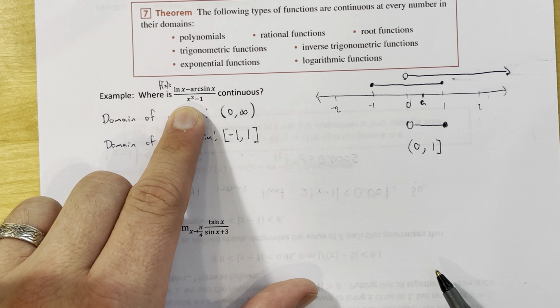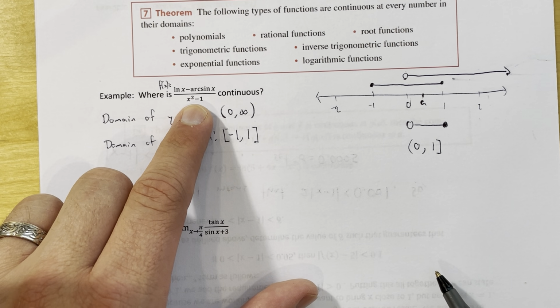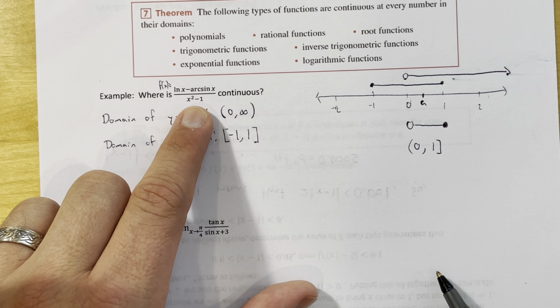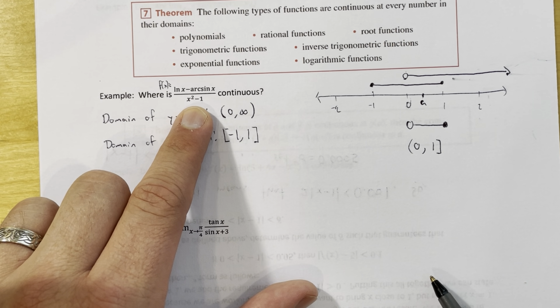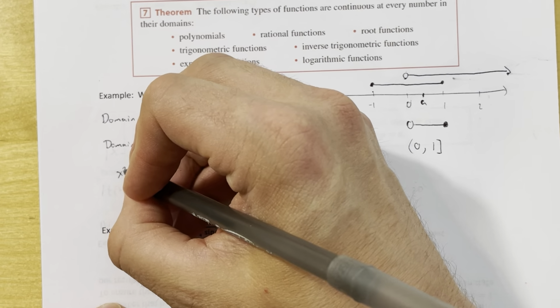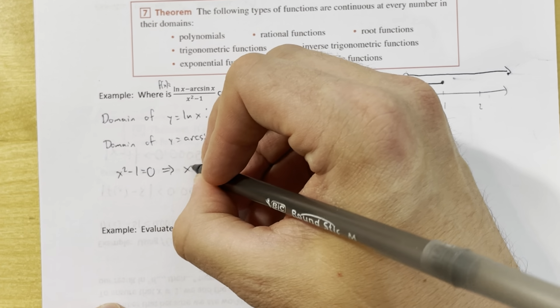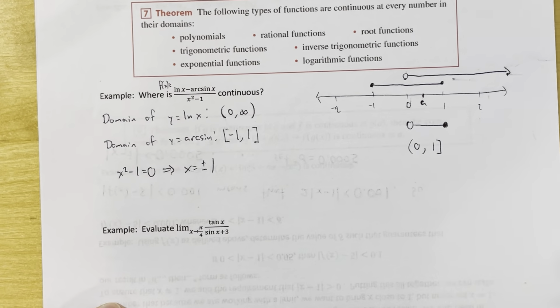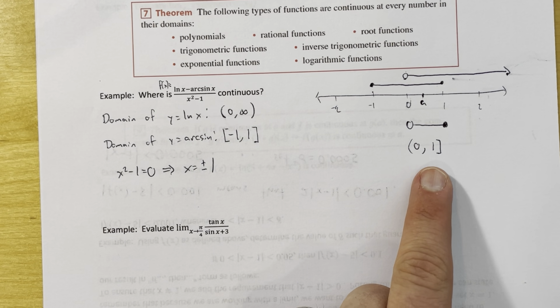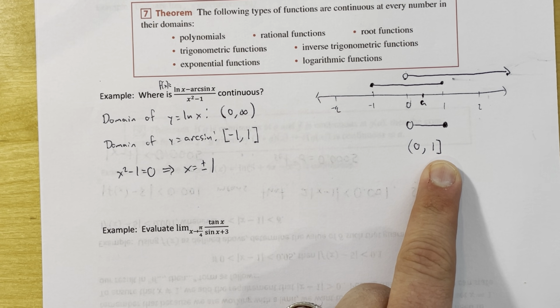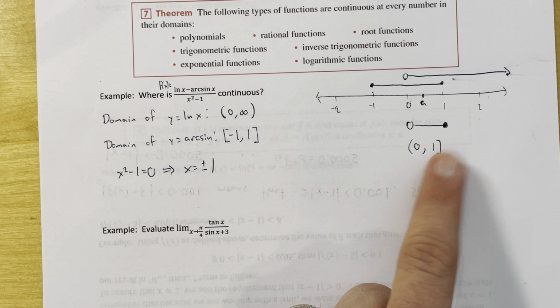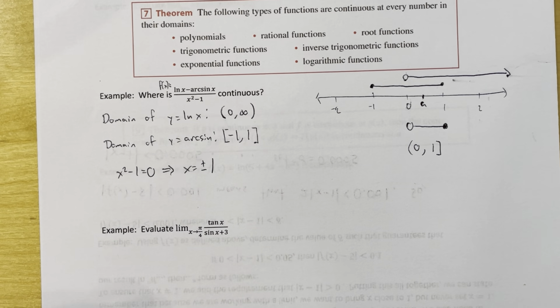But now we need to look at our denominator down here. This denominator is equal to 0 when x is equal to plus or minus 1. So that actually rules out this right endpoint of 1 here, because if I tried to plug 1 into this function, I would be dividing by 0.